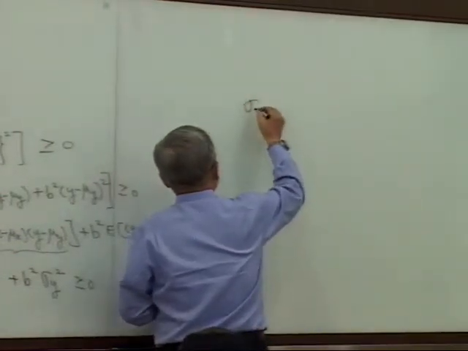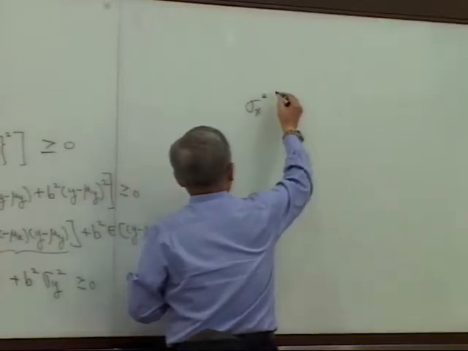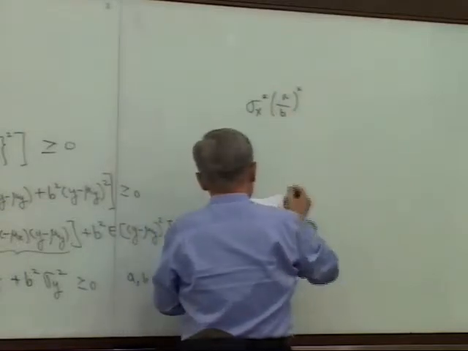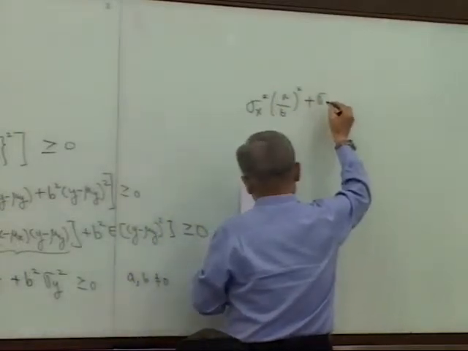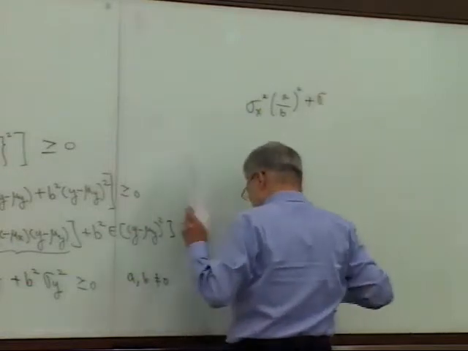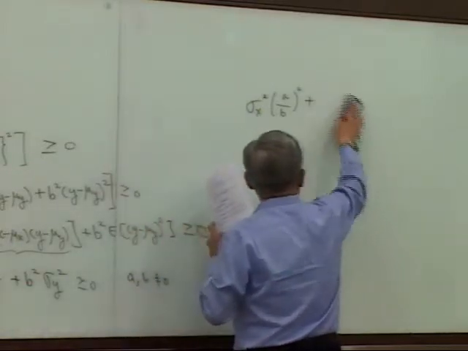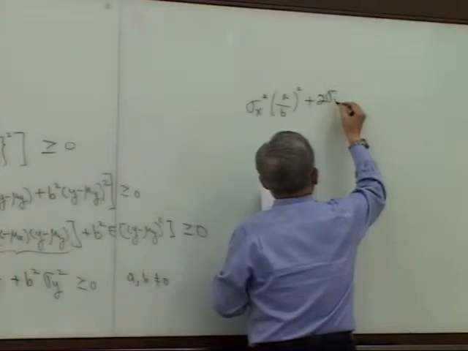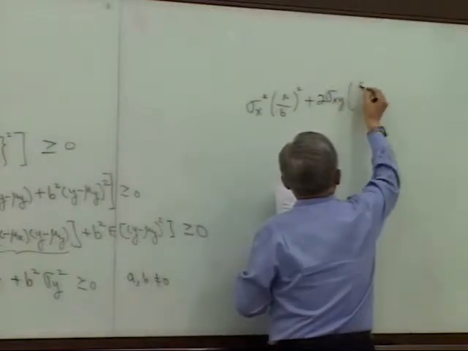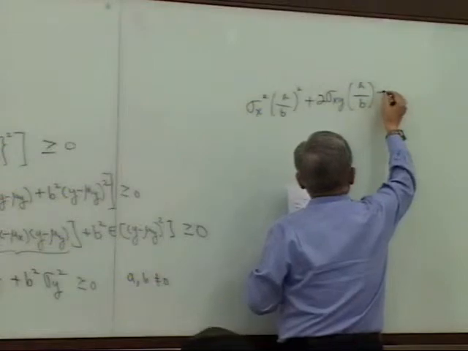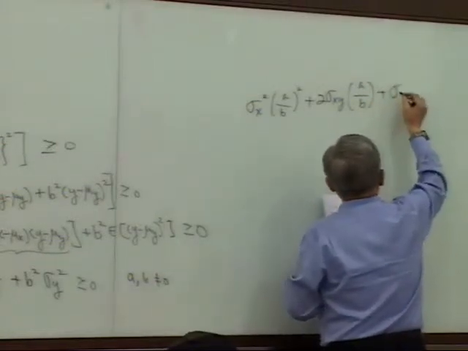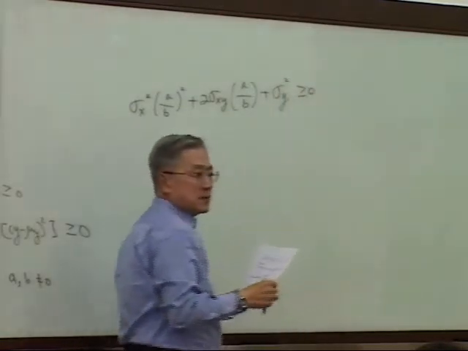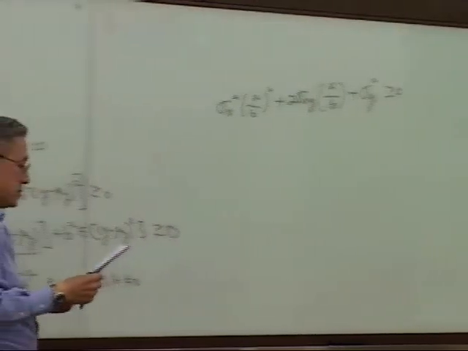Then I'm going to say sigma x squared a over b squared plus 2 sigma xy a over b plus sigma y squared has to be greater or equal to 0.